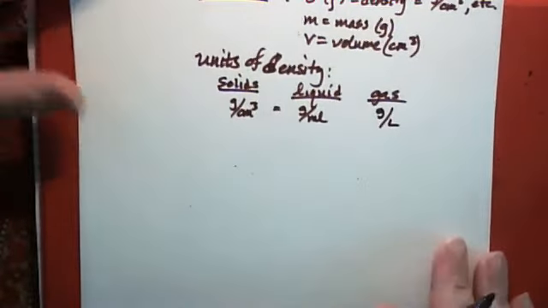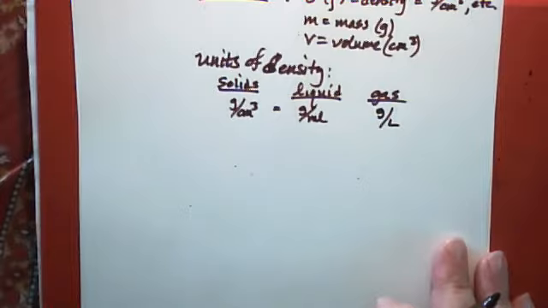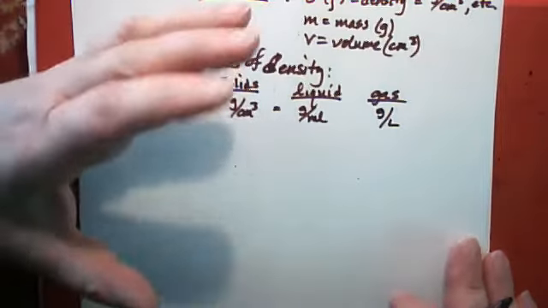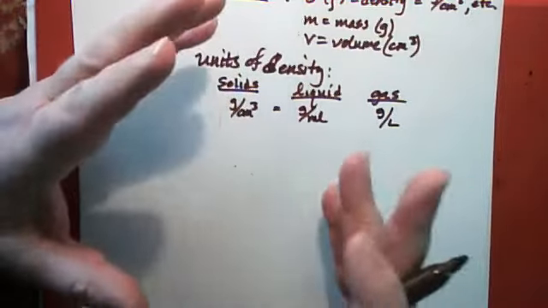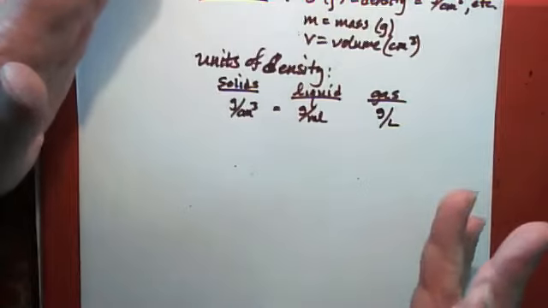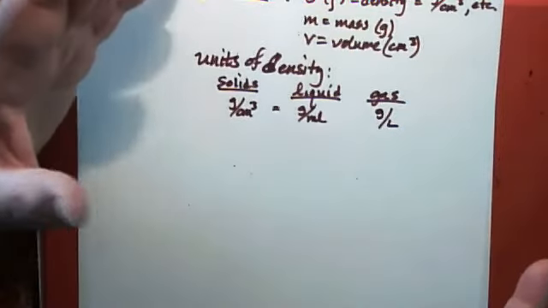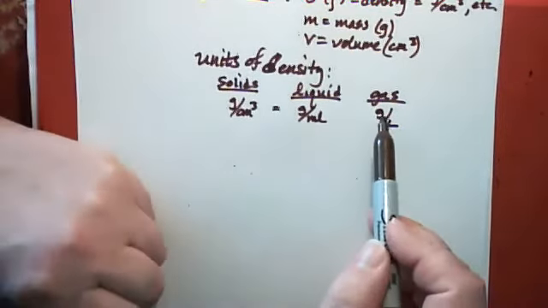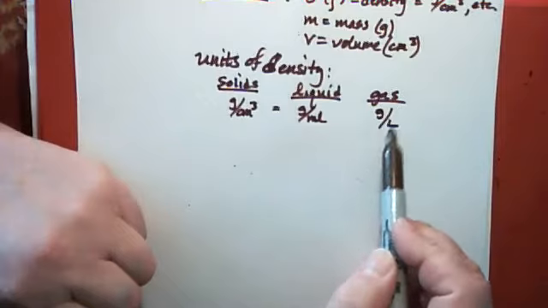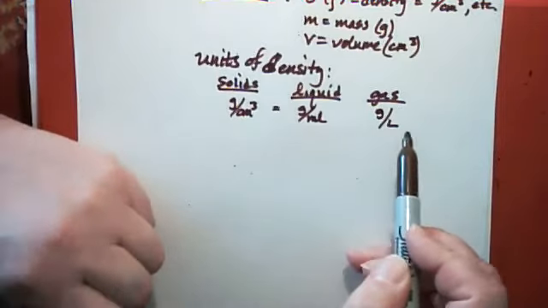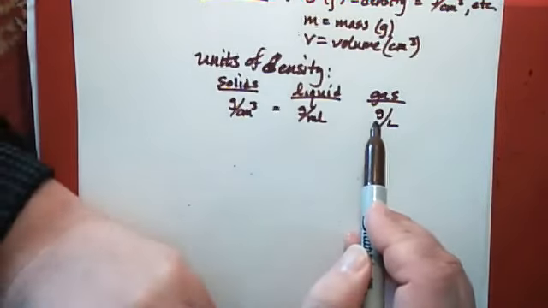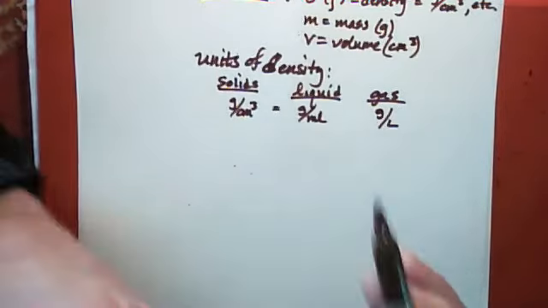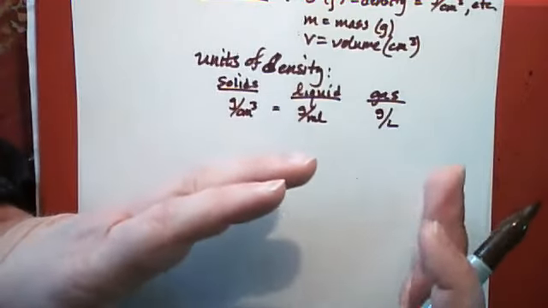For gases, we usually use the unit grams per liter because gases are very diffuse, which is kind of the opposite of dense. The particles in gases are very far apart, and so we measure the mass in grams, but we use a larger volume for the unit, just so that we'll have a convenient number of grams within that volume to deal with.